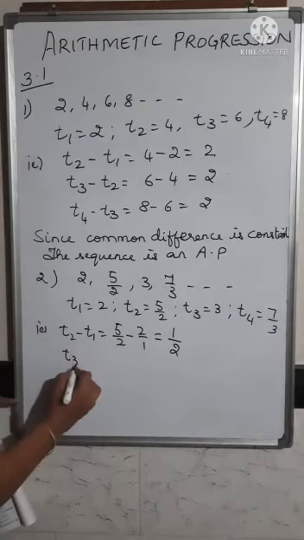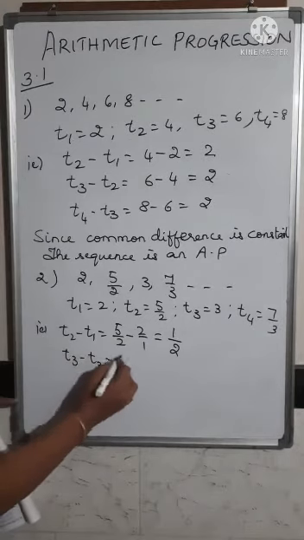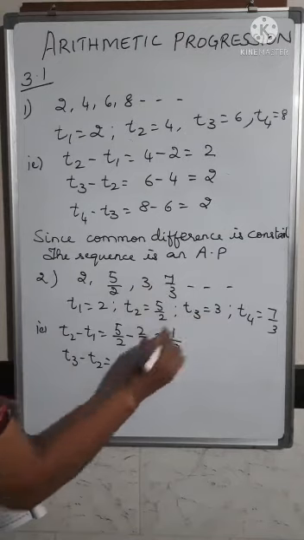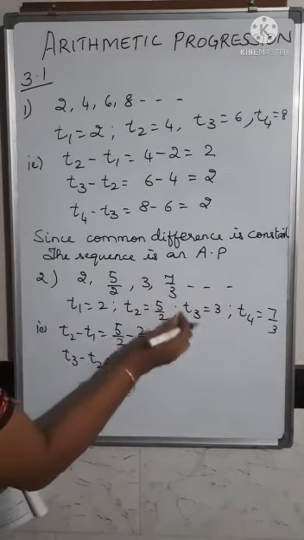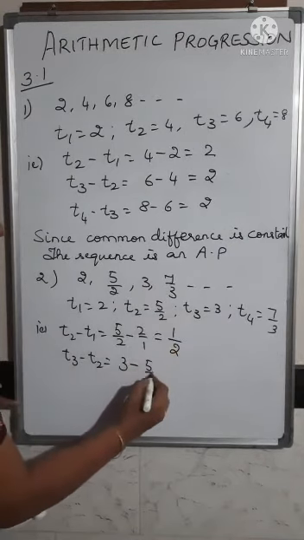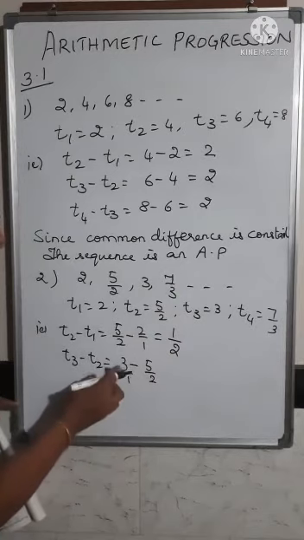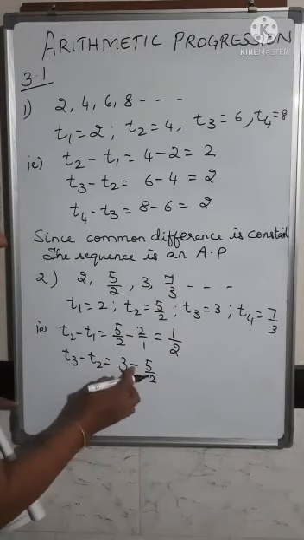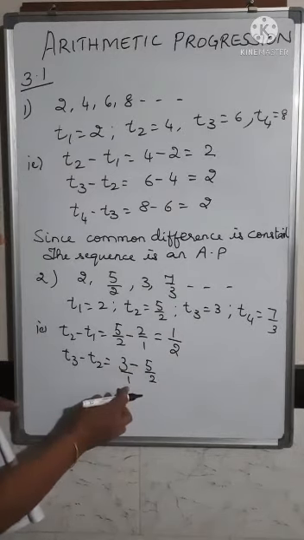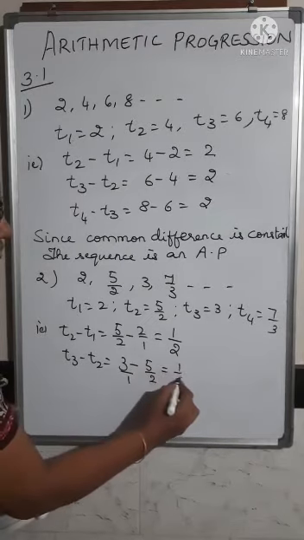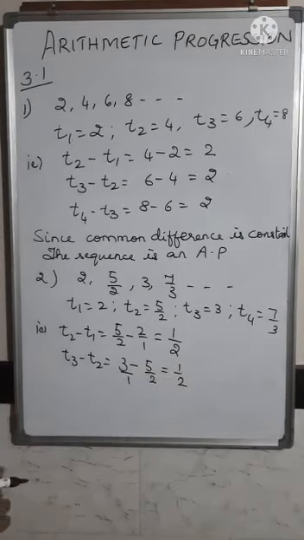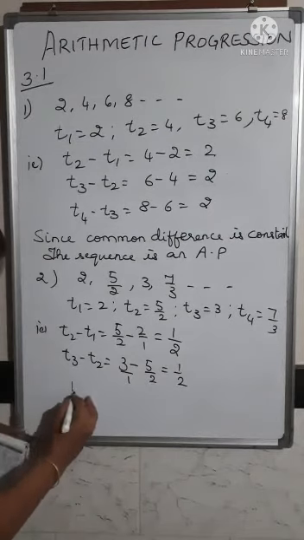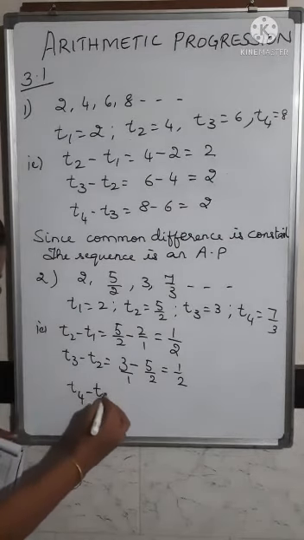Now find out T3 minus T2. What is T3? T3 is 3 minus T2 is 5 upon 2. Now here also cross multiply. 3 twos are 6 minus 5 ones are 5. 6 minus 5 is 1 upon 2. Again you get 1 upon 2. Now we'll find out T4 minus T3.